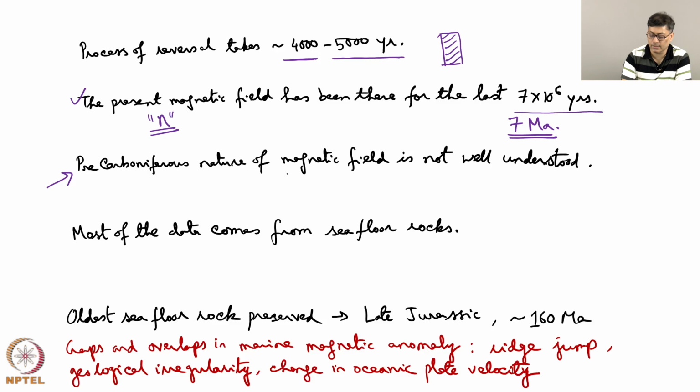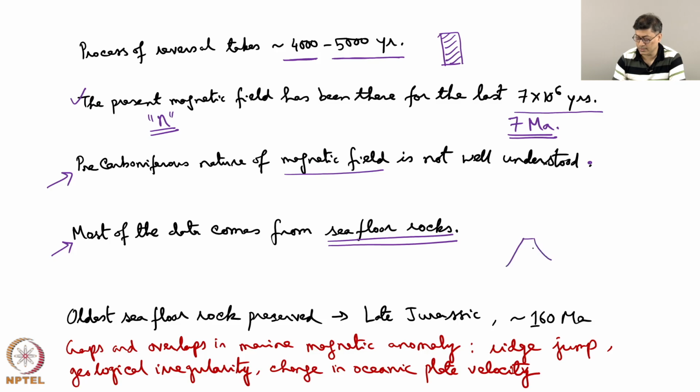Pre-Carboniferous nature of the magnetic field is not well understood, partly understood but not very clearly understood, and most of the information of magnetostratigraphy comes from the seafloor rocks, and we need to understand why it is so.